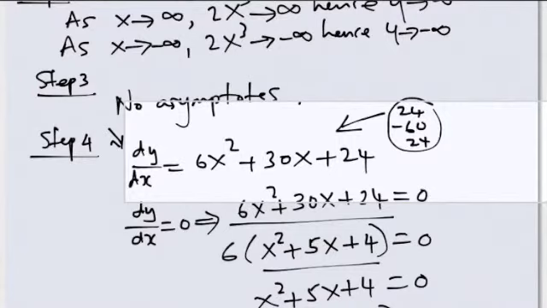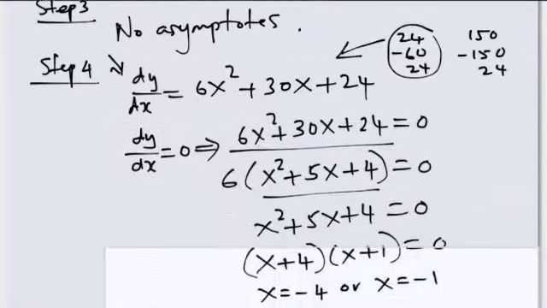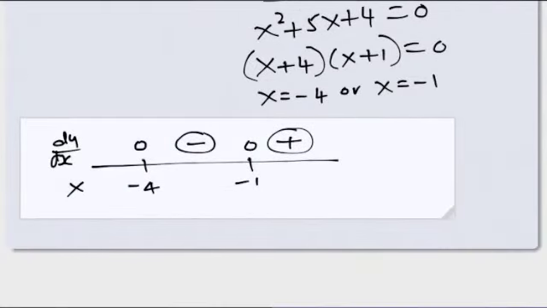Minus 5 squared is 25. 25 times 6 is positive 150. Minus 5 times 30 is minus 150, plus 24. Hence we have a positive number. So dy dx is positive.